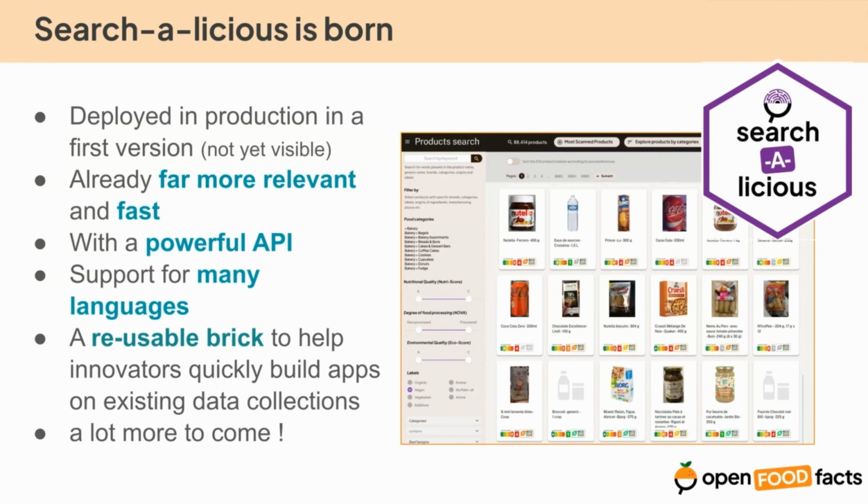It supports many languages. And we have done a recent rework so that it's even faster and more comprehensive, using more synonyms and that kind of thing. And it's not a search engine only for OpenFoodFacts, but really a reusable project that can be used by many innovators on other projects.